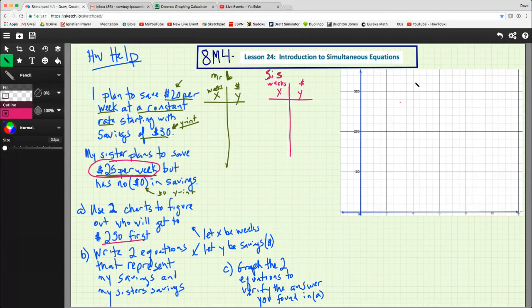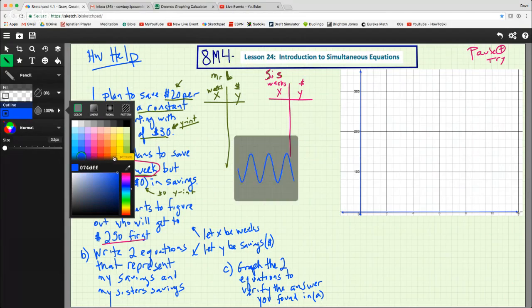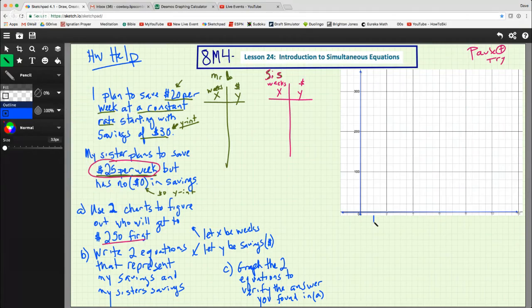So I want you to pause and try. This is what your whole homework is about. You're going to have some examples where you need to graph some simultaneous equations and answer some questions. So I'm just going to label this. You should start working.